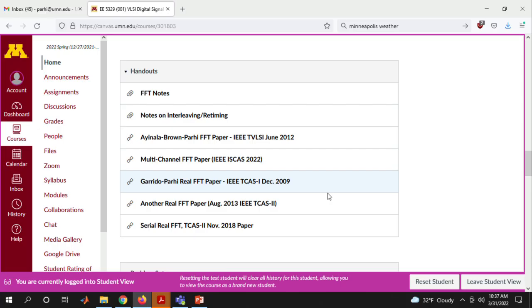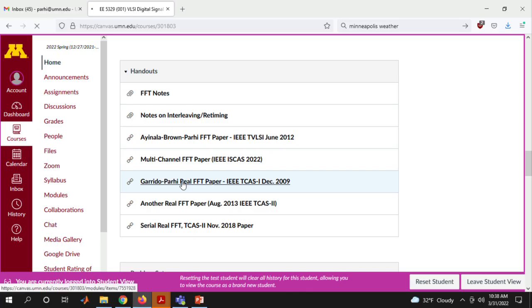And that wasn't really shown anywhere until my visitor, Mario Garrido, came to do his PhD thesis research here. He was taking this class in fall 2007. And when he came here from Spain, where he's on the faculty now in Polytechnic in Madrid, I tasked him with working on the real FFT, and that's the paper.